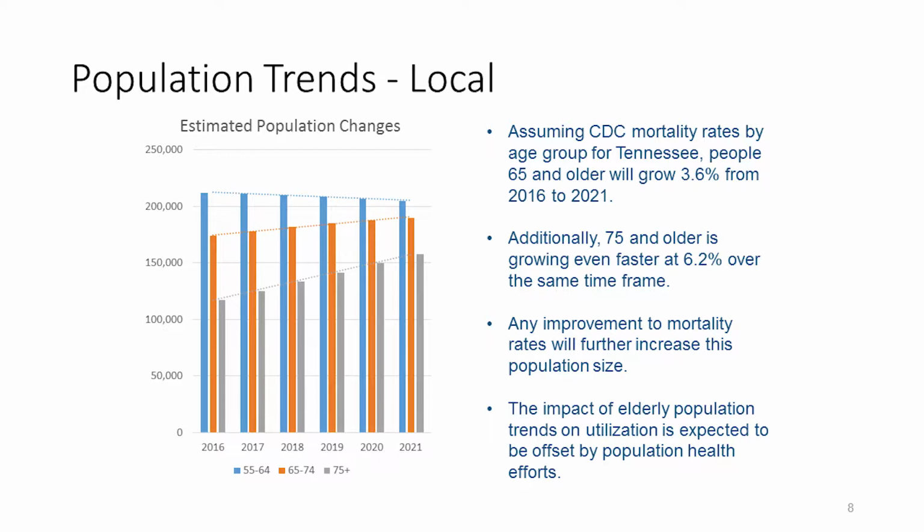And on top of that, those 75 and older are growing even faster at 6.2% over this 5-year time frame. So any improvements that are made to mortality rates will just increase the population size, and the impact of the elderly population trends on utilization is expected to be offset by population health efforts.